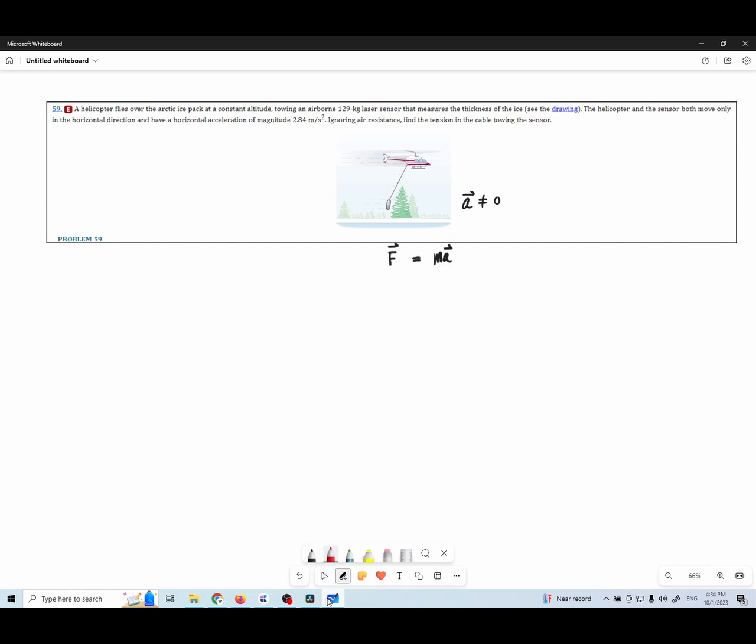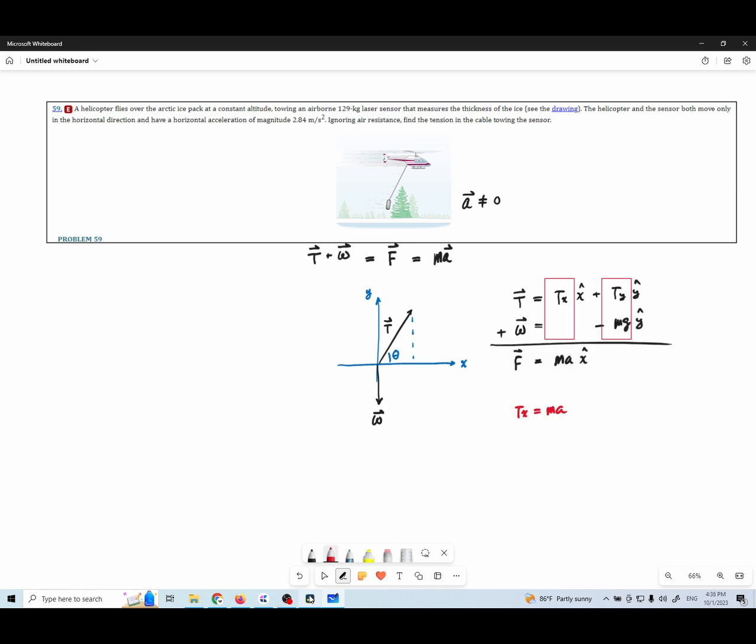This net force must be the sum of the tension T in the cable and the gravitational force W created by the Earth. So again, we have a vector addition problem. After completing the vector addition, we again have two simultaneous equations, from which we can solve for Tx and Ty. The magnitude and direction of the tension T can be found using the Pythagorean theorem and the arctangent function respectively.